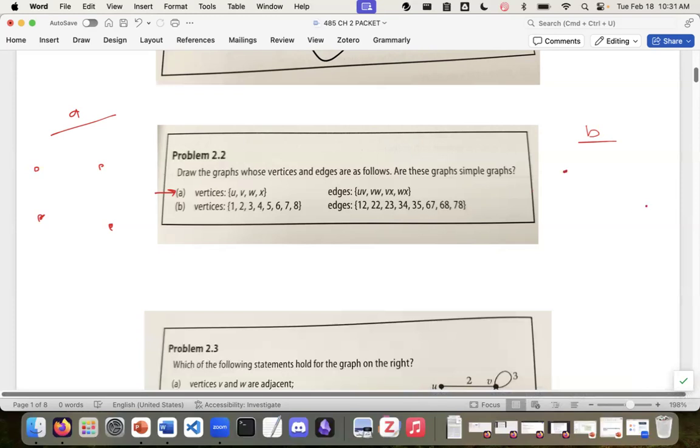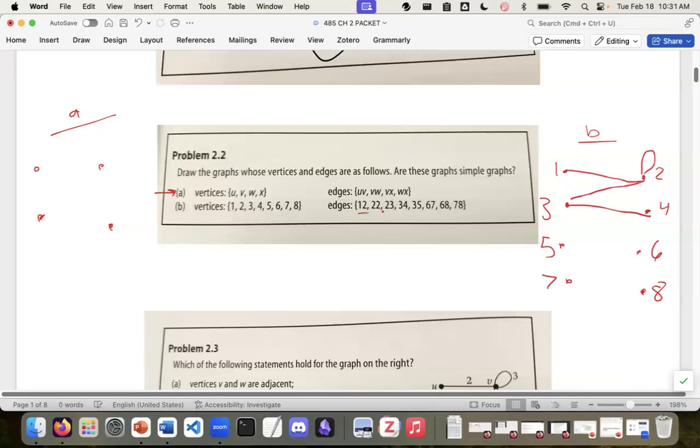Okay, so for B, we've got 1, 2, 3, 4 across, and then 5, 6, 7, 8. Okay, so then 1 goes to 2, there's a loop on 2, 3 goes to 4, also 2 goes to 3.